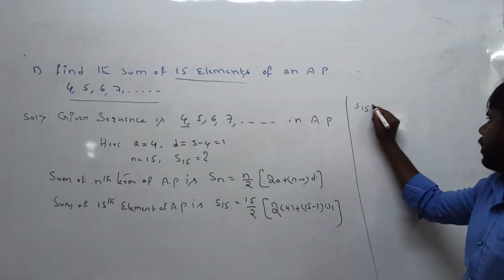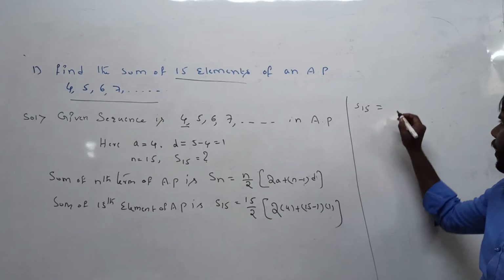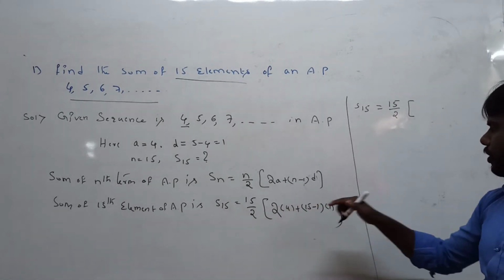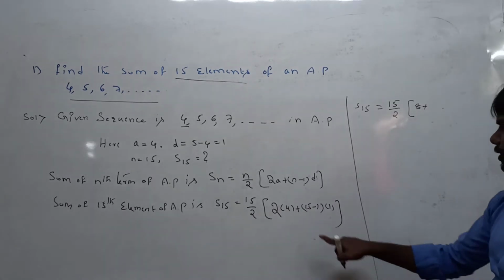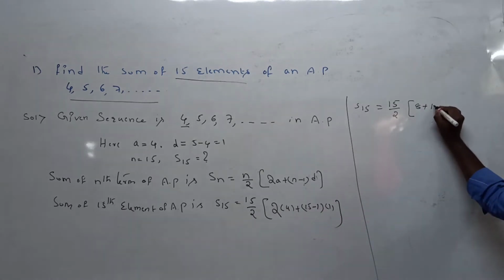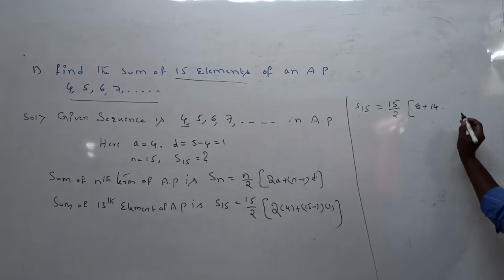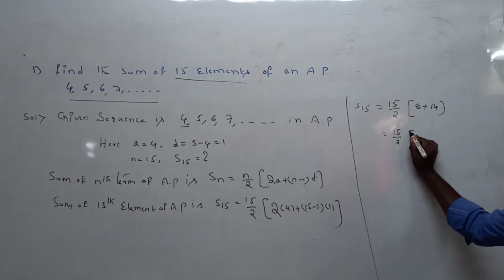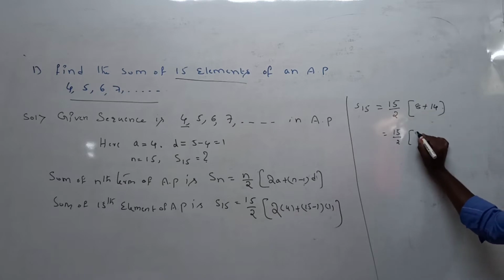15 by 2 as it is, into 2 times 4 is 8 plus 15 minus 1 is 14, and 14 into 1 is 14 only. Next, 15 by 2 into 8 plus 14, the value is 22.